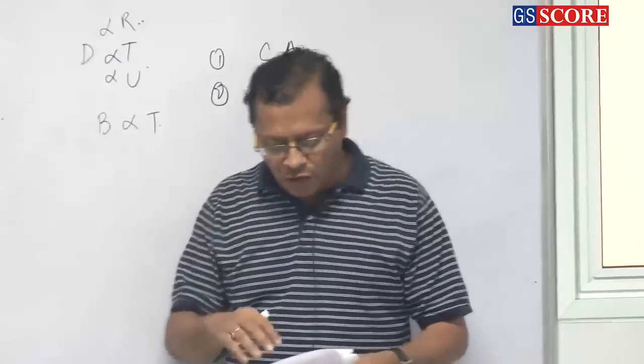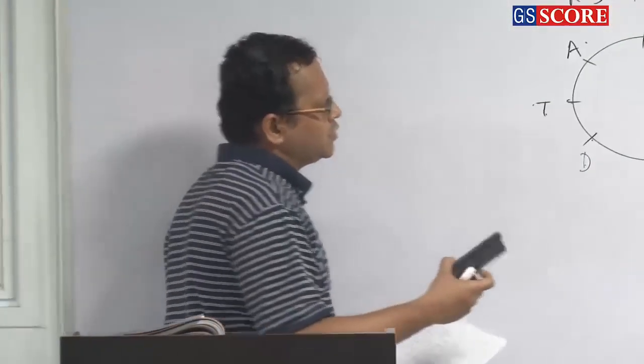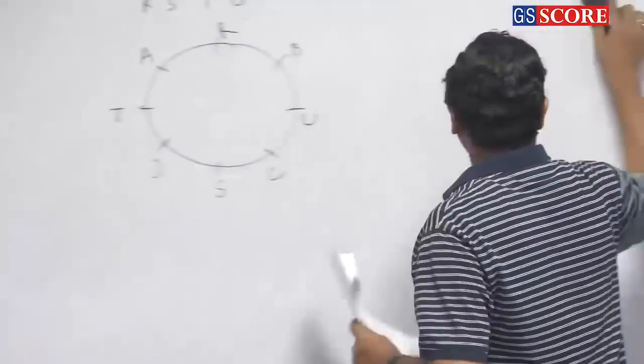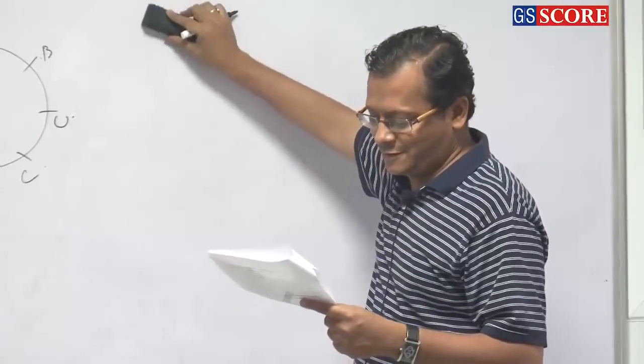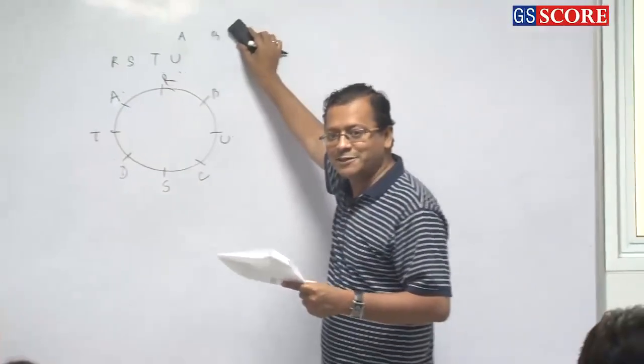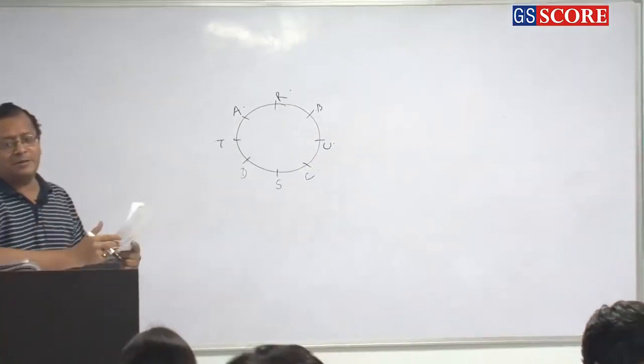Whenever you encounter these kind of questions, okay, you do not know how to approach this one. What is your answer, by the way? Indeterminate? Okay. So these kind of questions, how will you attempt it?